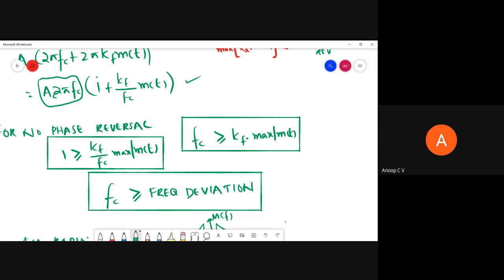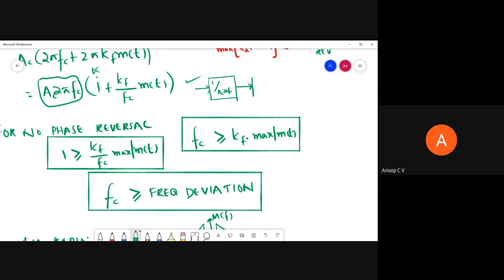Practically, if you have to get m of t back, you should pass this through a block with gain 1 by Ac 2 pi fc. Then you should clamp it. 1 plus means you are adding a DC value, like clamping a signal up.